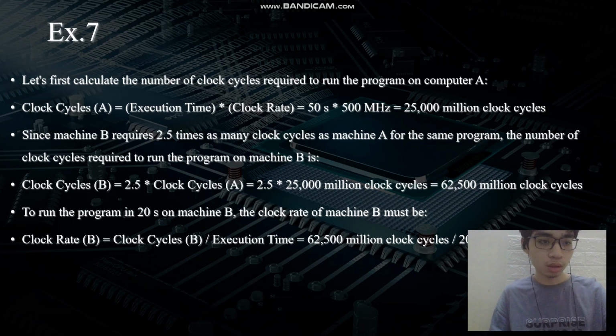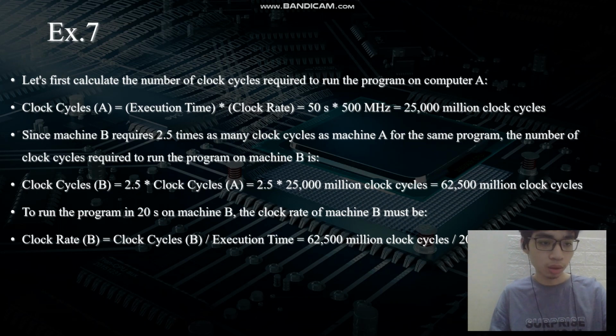Next, I found the CPU clock cycles of machine B by multiplying the CPU clock cycles of computer A by 2.5, and I get the CPU clock cycles of machine B is 6.25 times 10 to the power of 10 cycles.